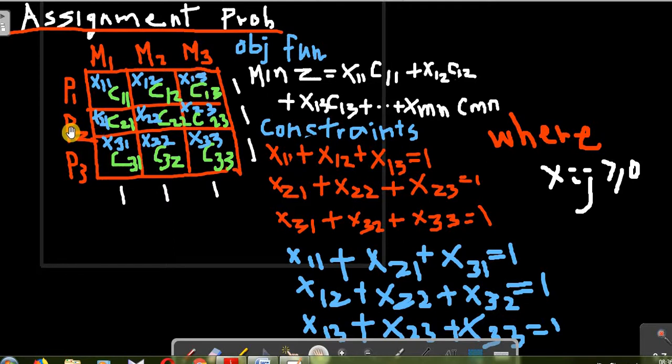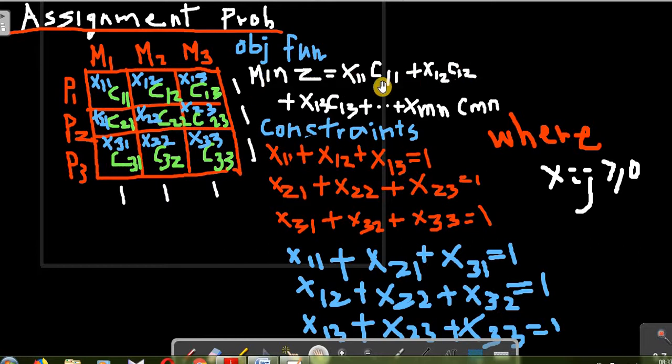Assigning the second person to the first machine is X21 into C21, to the second machine X22 into C22, and P2 to M3 is X23 C23. Assignment of P3 to M1 is X31 C31, the third person to the second machine X32 into C32, and the third person to the last machine X33 C33. If you add all of them, that will give you the total assignment cost.